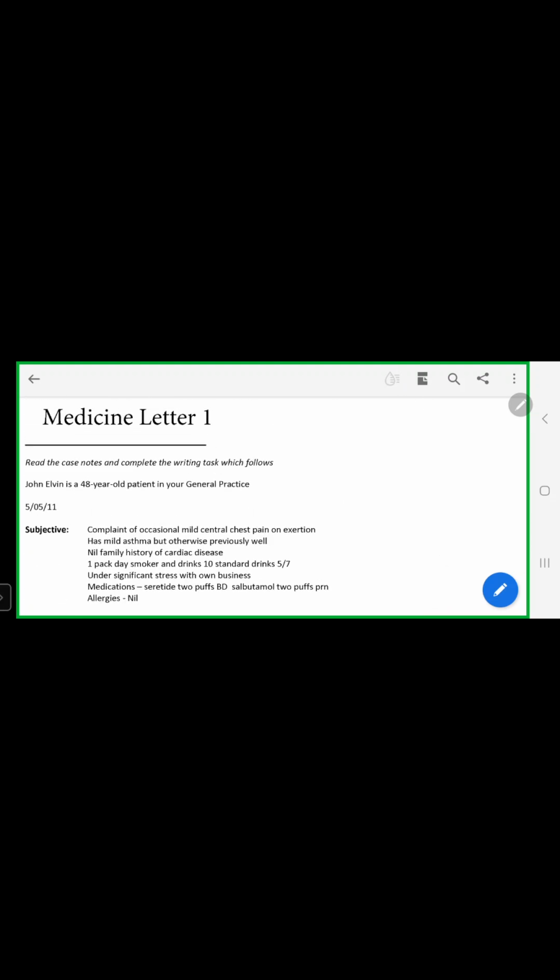Now we can start with the case notes. Name of the patient is important. Let's say age is also an important factor. Complaint of mild central chest pain, important point. Mild asthma, important. Family history, important, negative. We write it down.